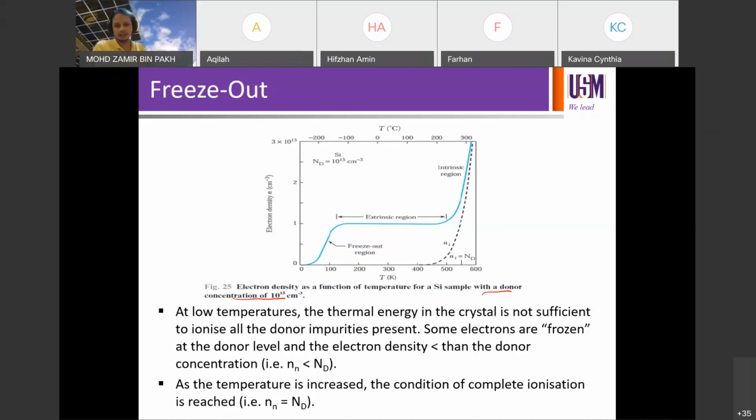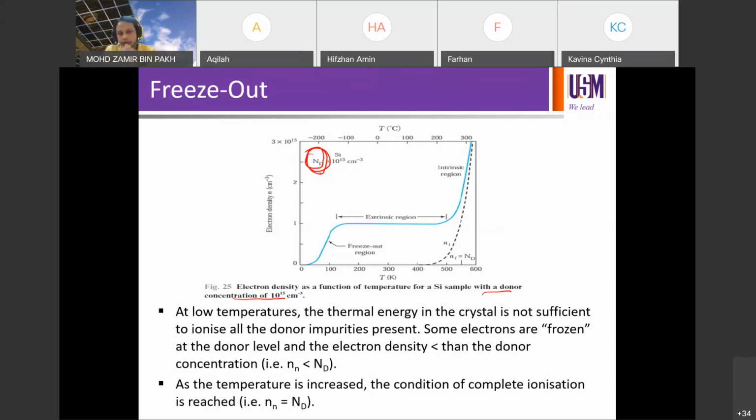Donor donates extra electrons, and extra electrons means more n-type, negatively charged. If we're talking about acceptor, Na, then p-type. So donor is always n-type. Don't be confused, because I always get this, some students write p-type for ND. And the moment you write p-type, your interpretation could be wrong in the following steps as well. So get it right first.